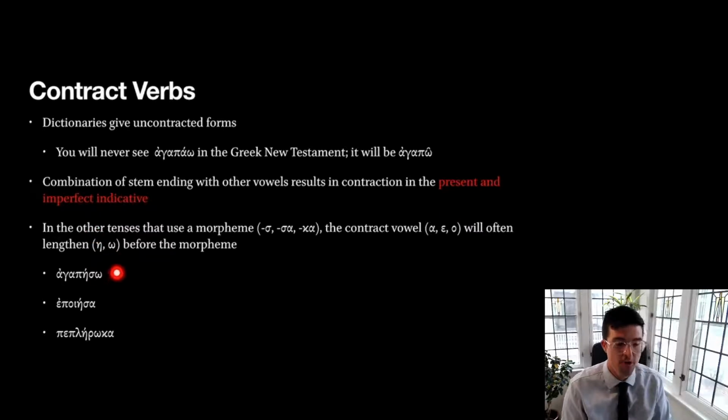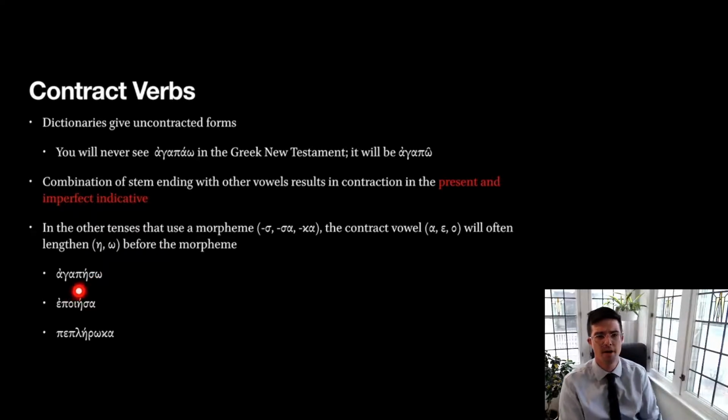So the first person singular future active indicative of agapao is going to be agapeso. The alpha of agapao has lengthened to an eta. And that's still pretty easy to recognize that this is from agapao, that we've just had a lengthening of the vowel, but the sigma has served as a buffer so that the omega doesn't eat up the alpha on the other side of it.